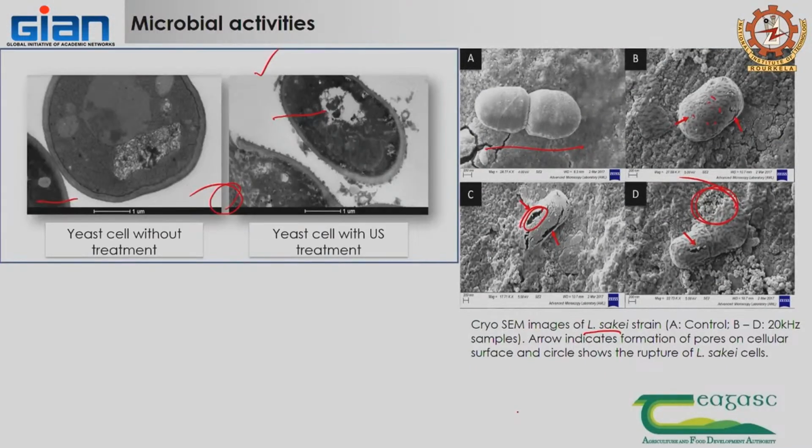Now this is TEM. We carried out work on yeast to see how yeast can cause the pore, why yeast fermentation is improved. When TEM was done, what was found was that both the bacteria were working very well, but vacuoles disappeared.